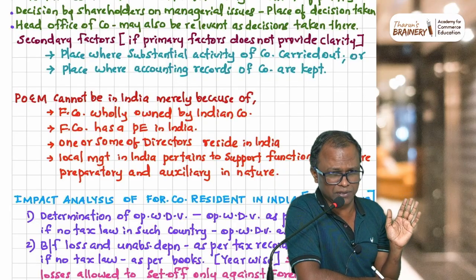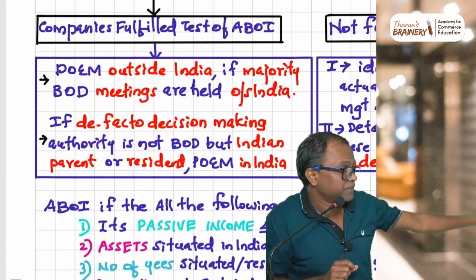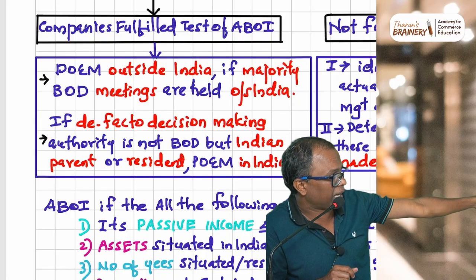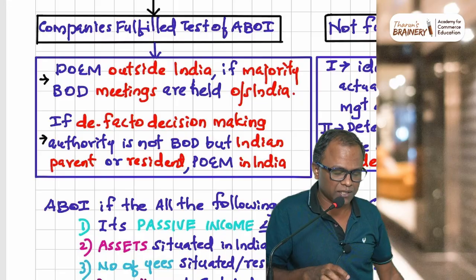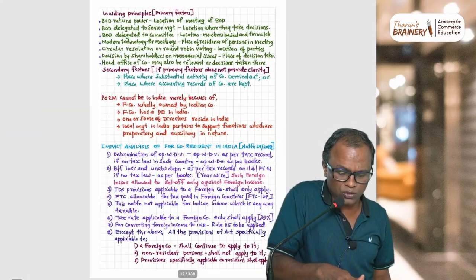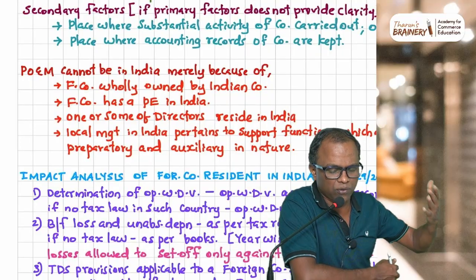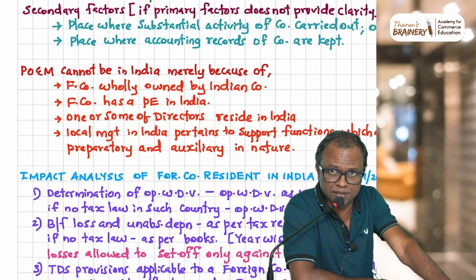No, that is not acceptable. That is acceptable only when the parent is an Indian company or Indian resident, and that Indian parent company or resident is the ultimate decision maker. Then we can say, okay, fine, that foreign subsidiary is said to be resident in India, even though it is a foreign company. Otherwise, it should not be so merely because the foreign company is a wholly owned subsidiary of an Indian company. That is not a sole reason to conclude that residential status is in India.